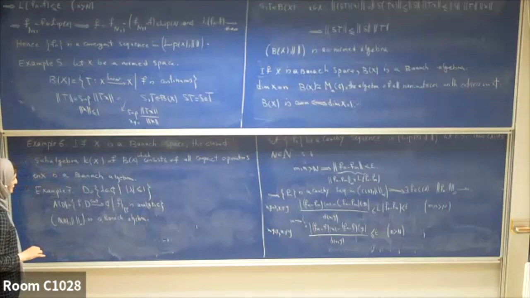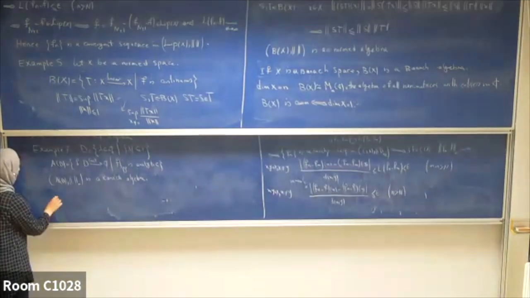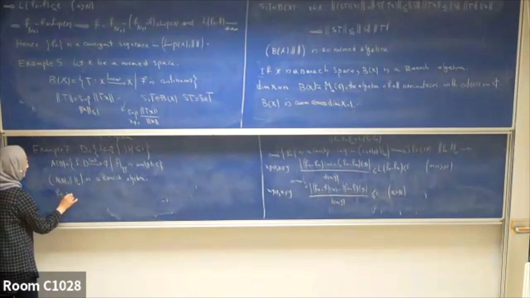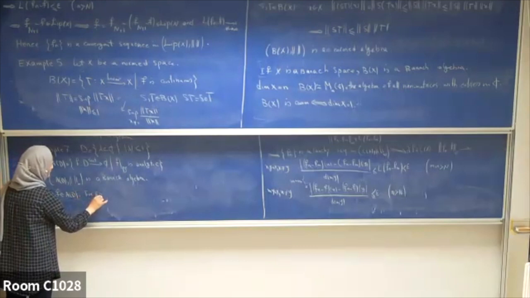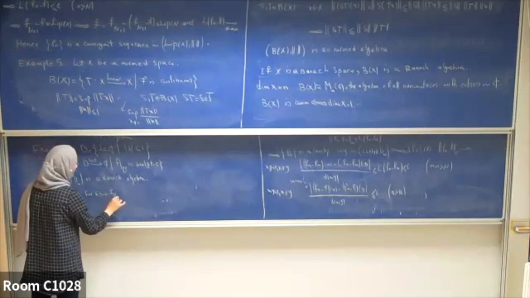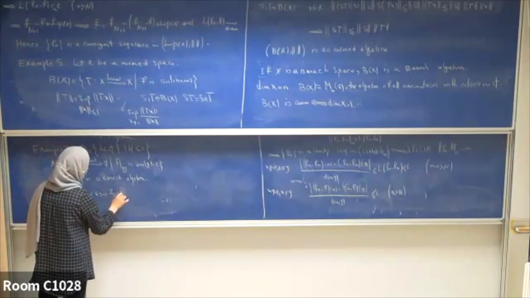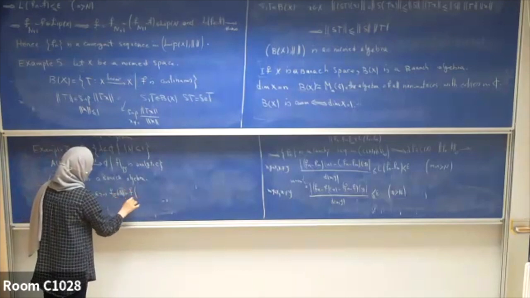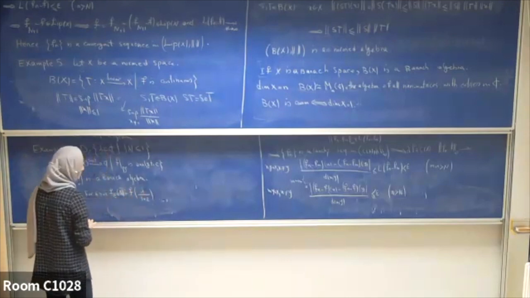Actually, each function here is a uniform limit of polynomials. Because, for example, if f is in A of D and for each positive epsilon, I'll define f epsilon like this: f epsilon of lambda is f of lambda over 1 plus epsilon.